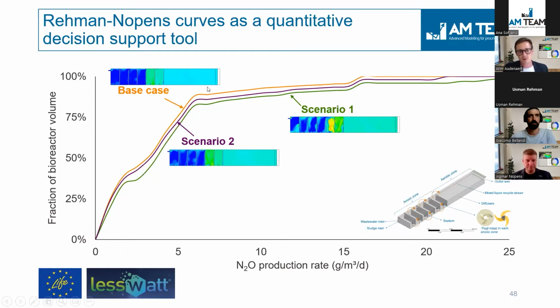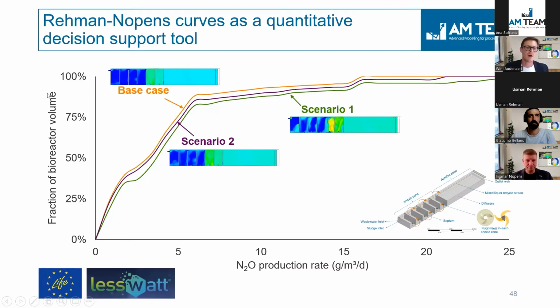These are typical curves we use. These are called Riemann-Nobels curves. And CFD is nice, it looks colorful, but in the end, as practitioners, as design engineers, we want to compare scenarios. And it's not so easy based on these colorful figures. What is best, what is worst? So then you have one plot and you put these N2O fluxes on one curve and you can do comparisons.